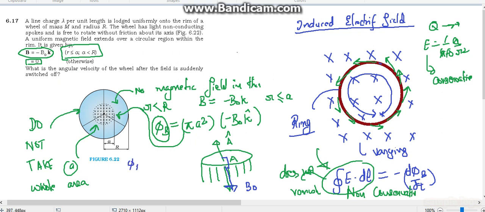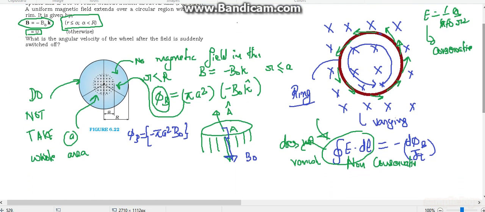So phi B is equal to minus pi a square B0 is the value of the magnetic flux. Now we have to see what is the change in flux. Change in flux delta phi is equal to phi 2 minus phi 1.